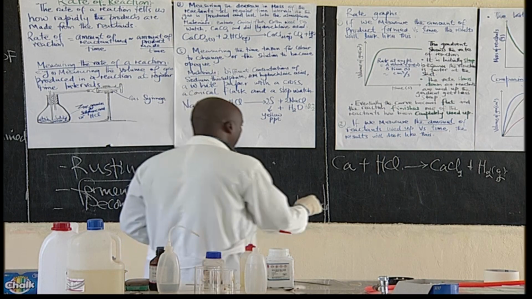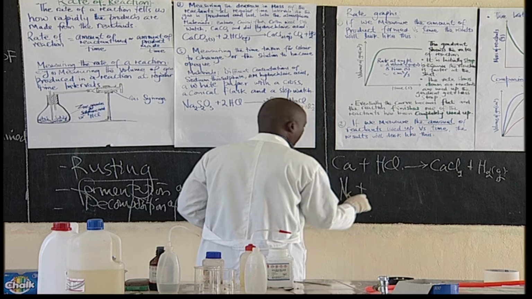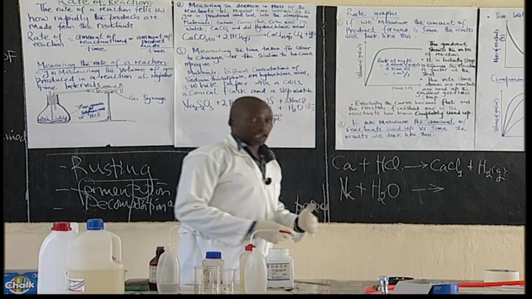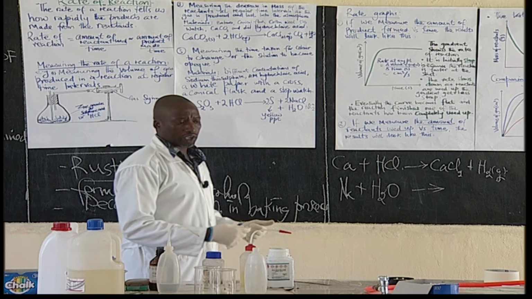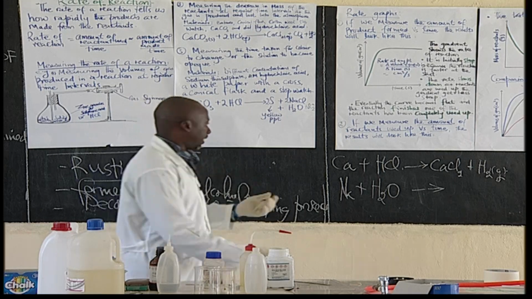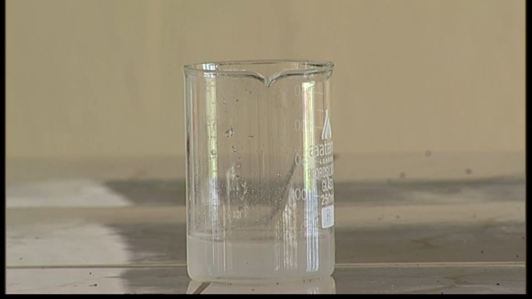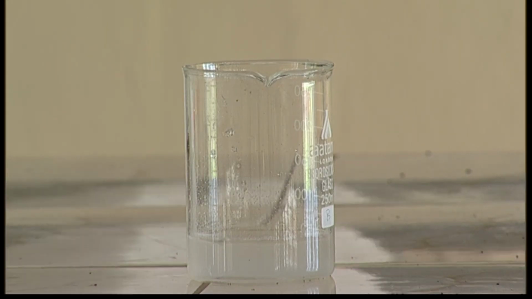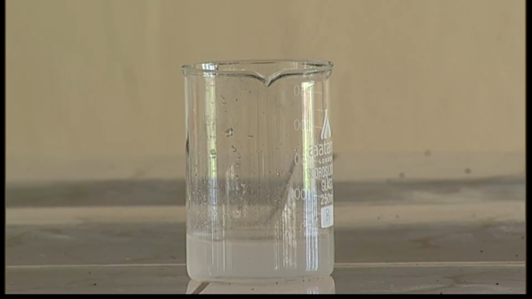So we have sodium plus the water. These are some of the examples I'm giving that take place very fast, and this forms sodium hydroxide plus the hydrogen gas. So it disappears with time.